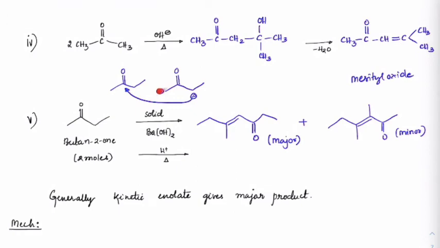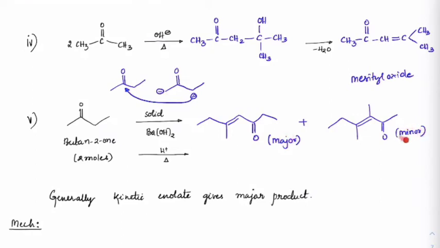So always prefer the less bulky side of the carbon here, which means the kinetic enolate always gives the major product. So the enolate which is forming, which is kinetically more stable here, would attack on that group here. So you can see that this carbanion which is at the primary position is more stable, so that would attack on this, which is the major product.